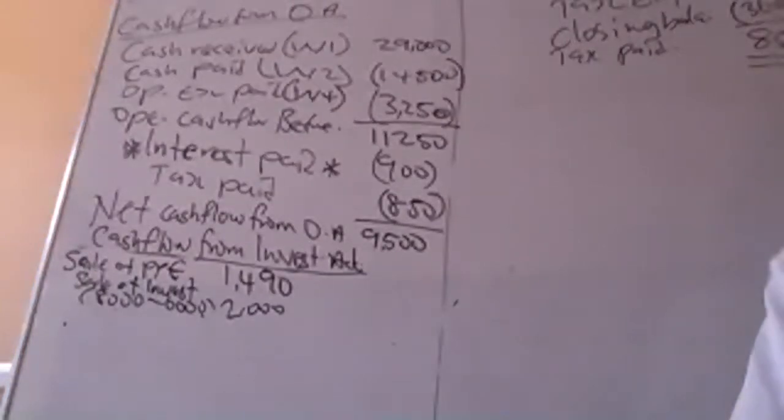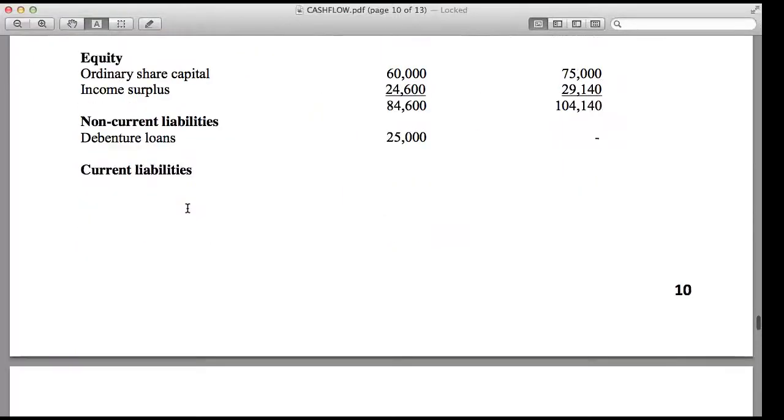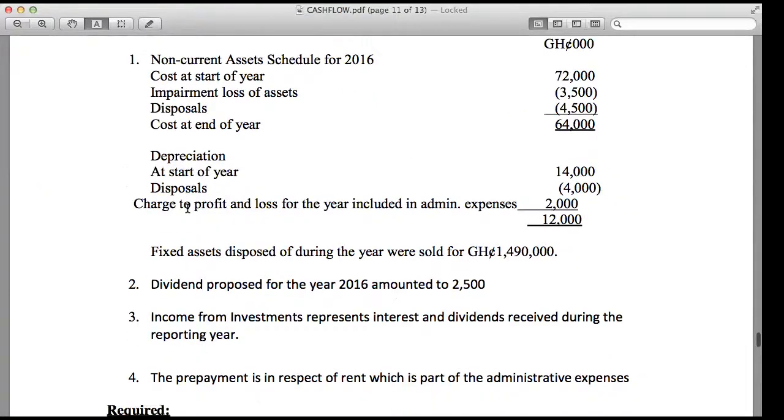Okay, the note says the interest and the investment income. Is there any investment income received? Because aside from the non-current assets, you have to also check whether they have received dividend, or interest, or rental income. Any of the other income that they have received comes to investing.